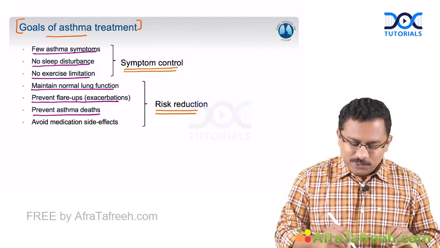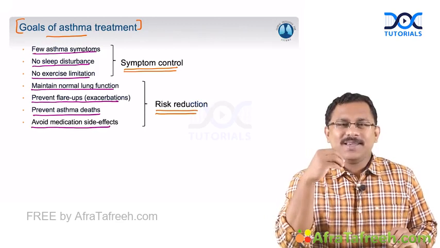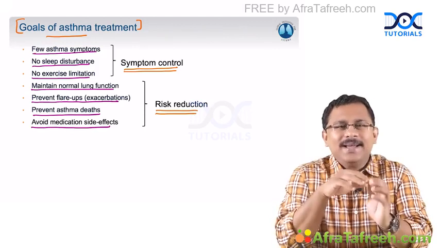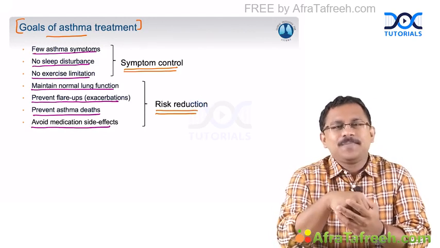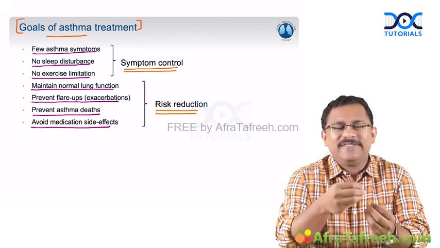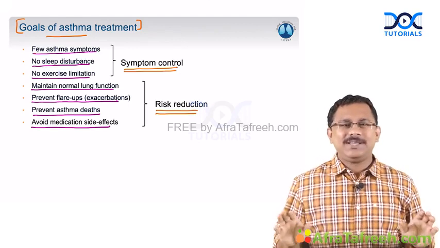And also avoid medication side effects, because in due course of the discussion we will understand that there are different medications available for bronchial asthma treatment. Some of them have their own share of minor adverse effects, so you have got to minimize the adverse effects also.